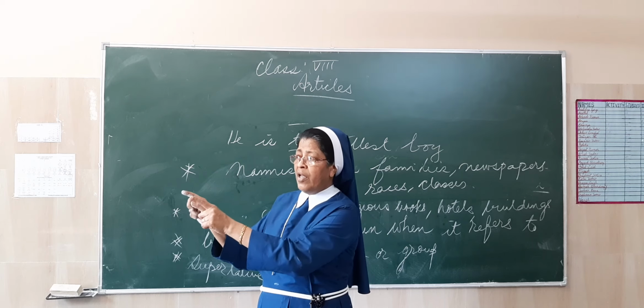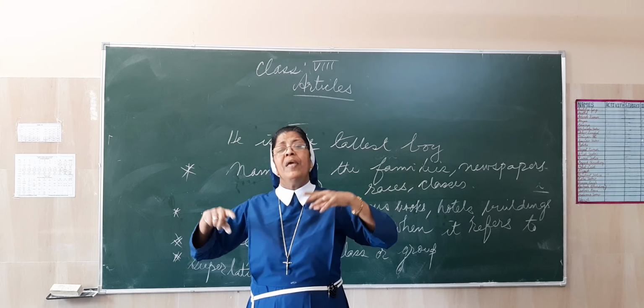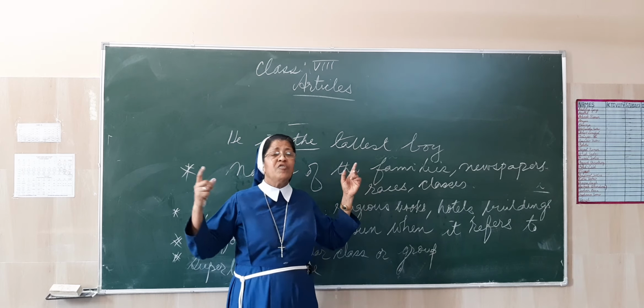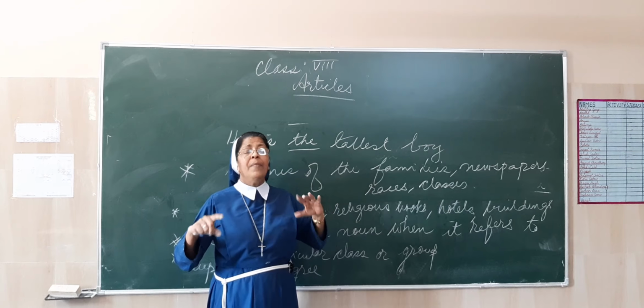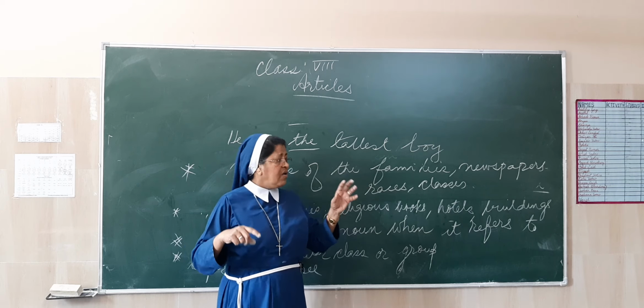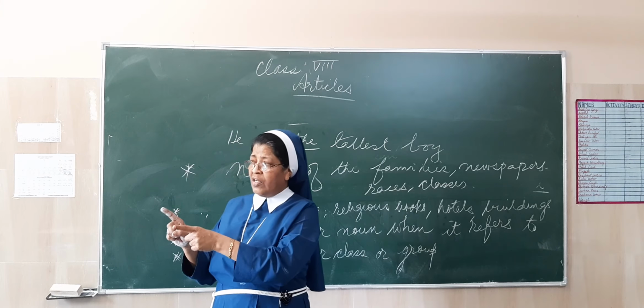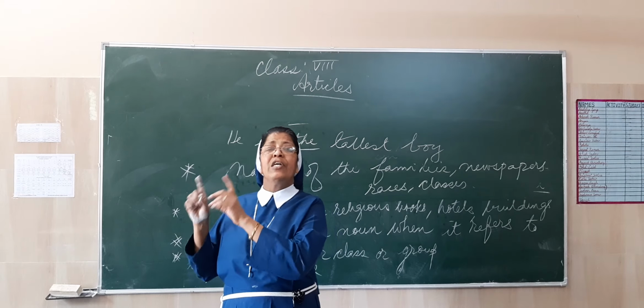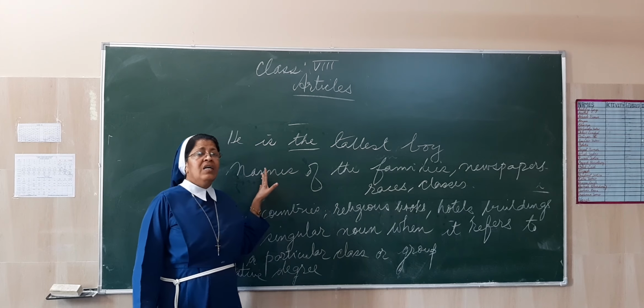The boy, I am mentioning that particular boy. It cannot be just any boy, for a and an stand for anyone, or anything, or any person. Whereas when you use the word the, we are referring to a particular thought, person or thing. Now, this is the first category of the determiners.